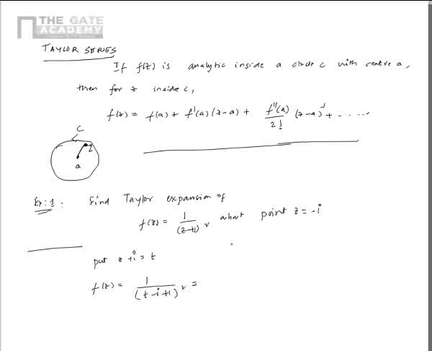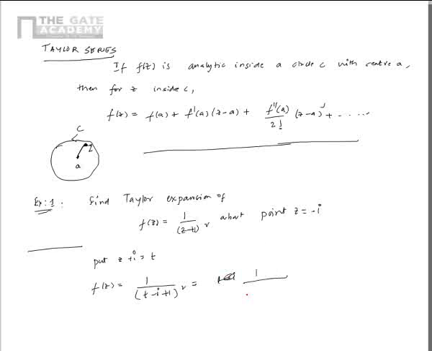Okay, so this we need to write properly. How do we write this? Well, I have to write in the powers of, I mean about the i, in the powers of 1 minus i.